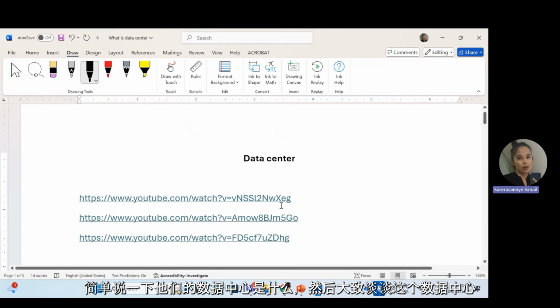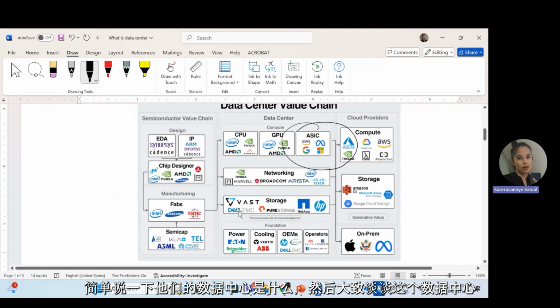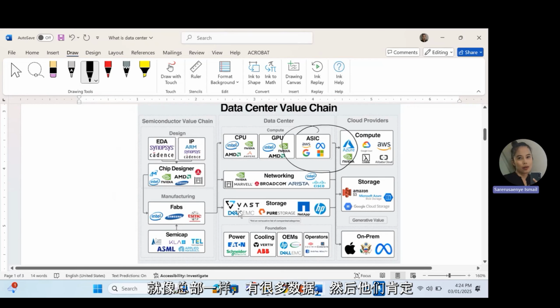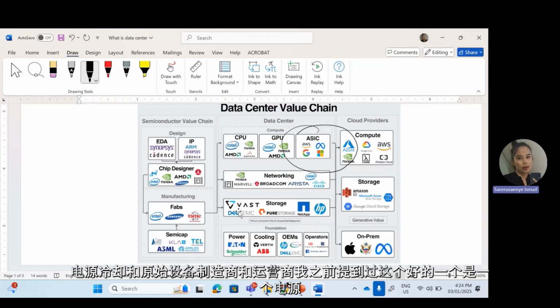They talk about this, and roughly a data center for me is like a headquarters that has a lot of data, and inside it definitely requires a network of equipment connecting to the servers, and operation people running it. The data center foundation definitely has power, cooling, OEM and operators.